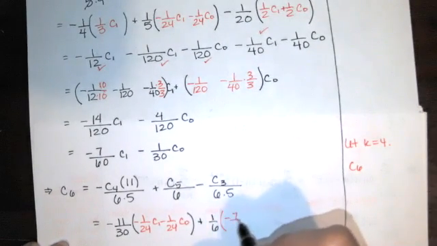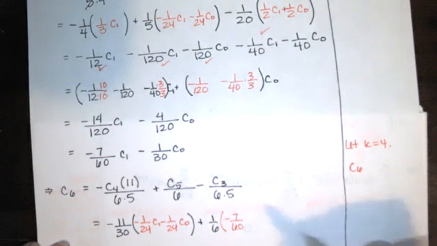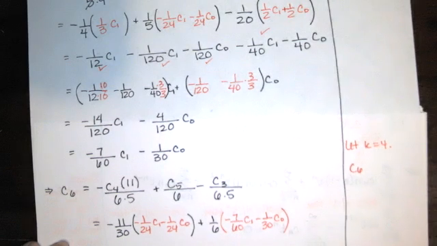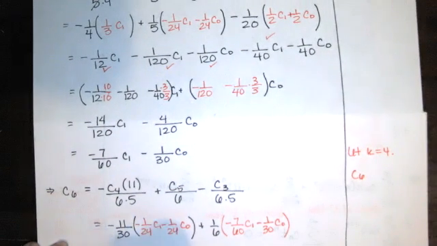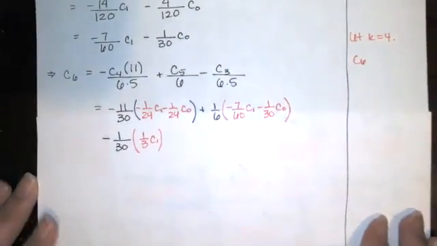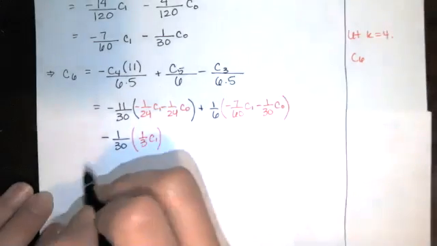So you have negative 7 over 60 times c sub 1 minus 1 over 30 times c sub 0 minus 1 over 30 times c sub 3. And c sub 3 was 1/3 of c sub 1. That was on the last page. Okay, so that is our result.